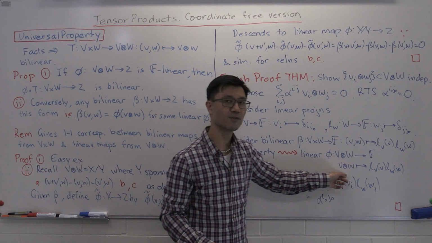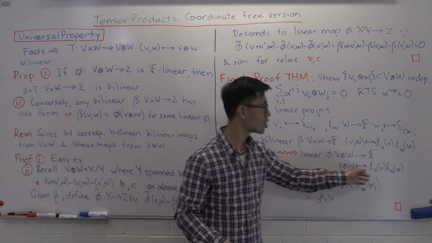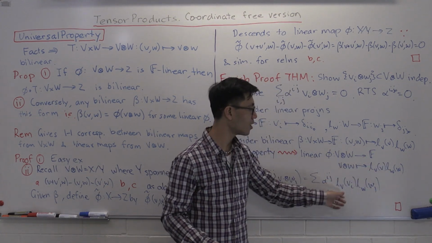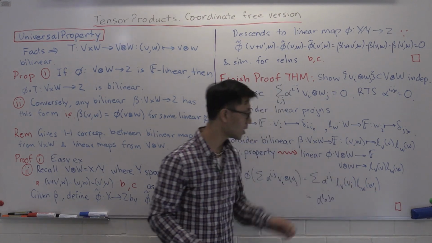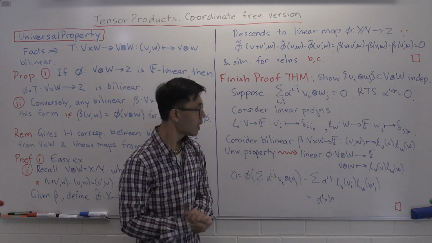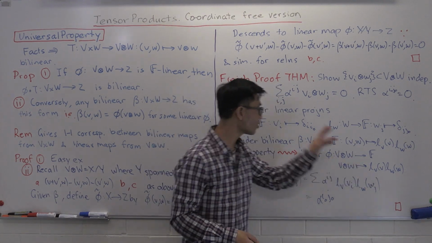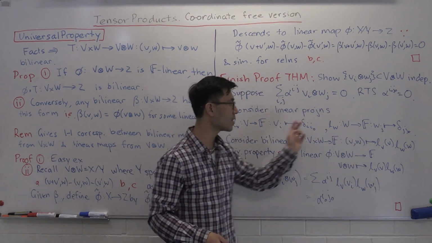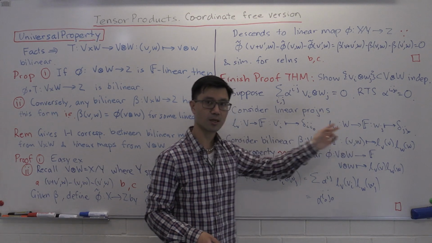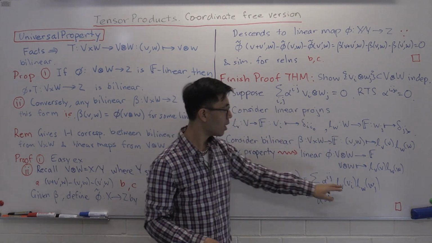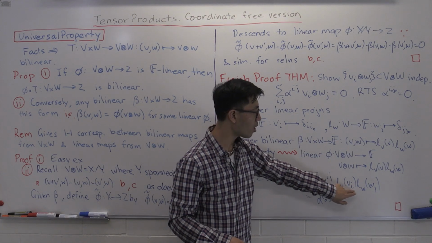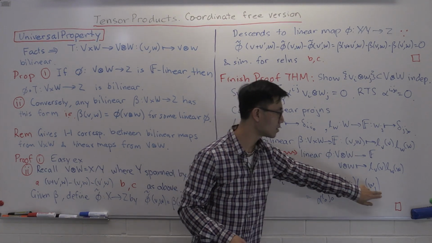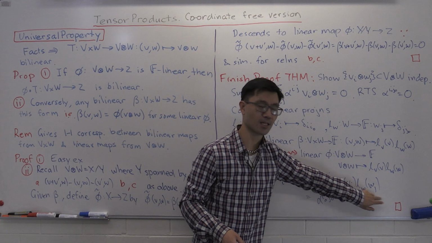But what is phi of this v_i tensor w_j? Well, you just use the definition here. It's L_V of v_i times L_W of w_j. Now remember, these are linear functionals, and how do we define them? Basically they're just linear projections, they essentially pick out the i0th basis vector here and the j0th basis vector here.